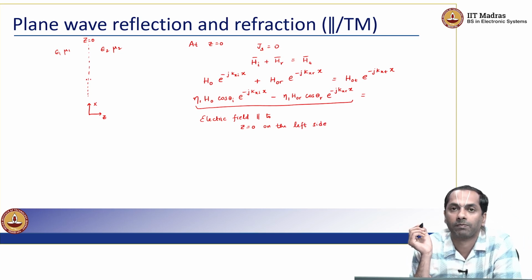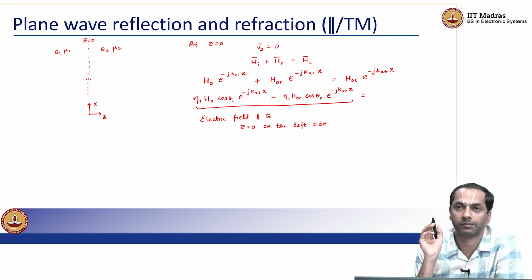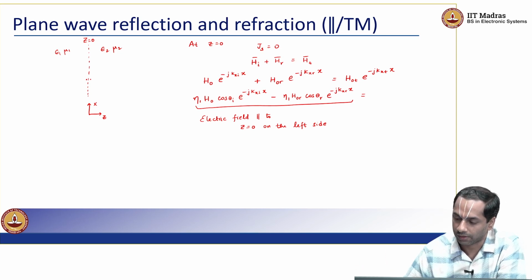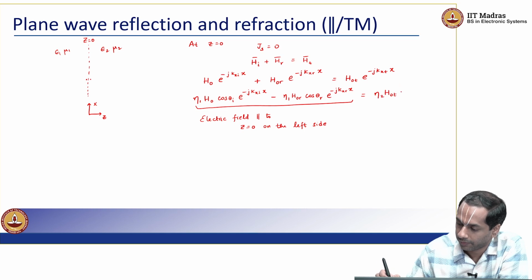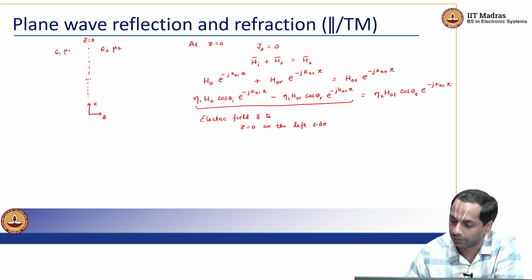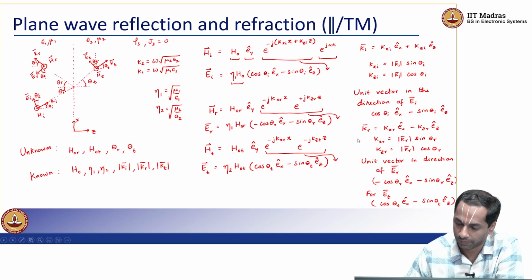Okay. So I am just looking at the magnitude of the electric field vector that is parallel to the boundary. And what is it for H0t? It should be, by just inspection, eta 2 H0t cos theta t e to the minus j kxt x. Okay. We can also verify this, that the x component has a plus cos theta t.